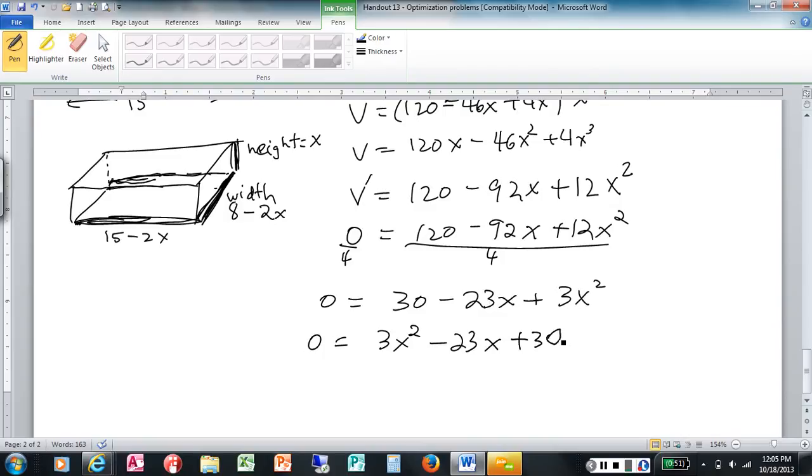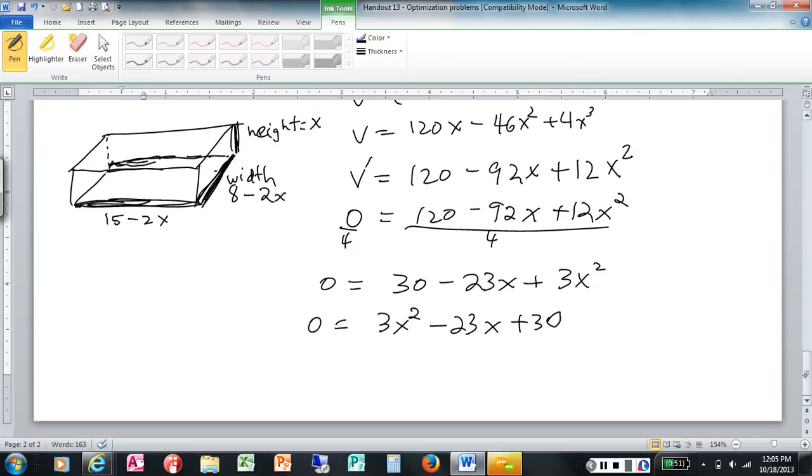How do we solve that? We can use factoring. We can use the quadratic formula if it doesn't factor, but I think it factors. 3x and x, let's see, 10 and 3, will that work? No. How about 15 and 2?